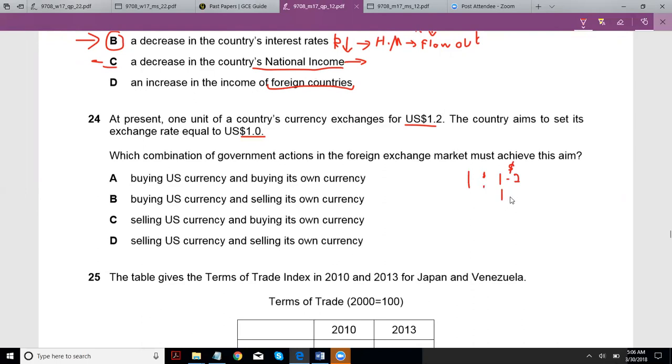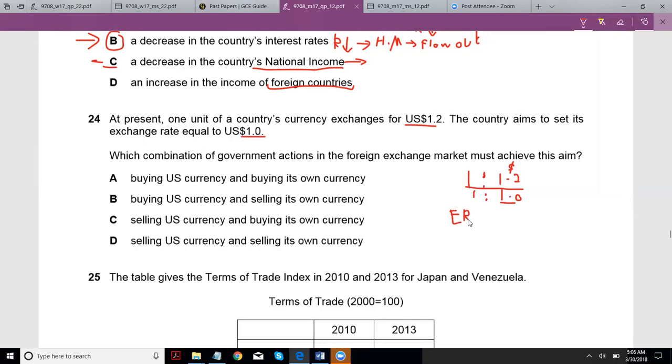So it has to make this 1. If you look at it, that means the country's currency is now worth less in terms of USD. First, let's say 1 rupee was worth 1.2 USD. I wish, but now 1 rupee is only worth 1 USD. So the country's currency is depreciating. It's the exchange rate.